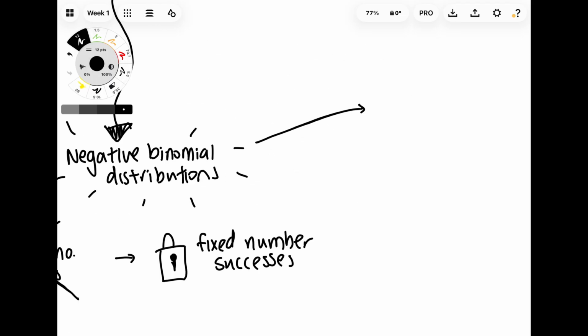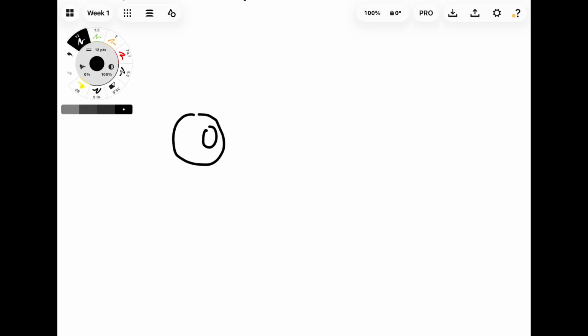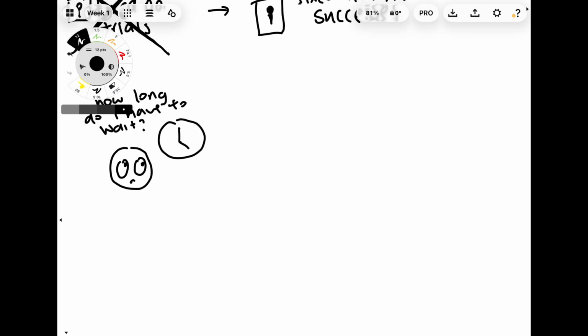Therefore, the two parameters for the negative binomial distribution are the number of successes and the probability of success. It is a distribution that models how long we must wait to achieve a fixed number of successes. A real-life example could be an insurer asking, how many months will pass before we experience 3 weather-related catastrophe claims?